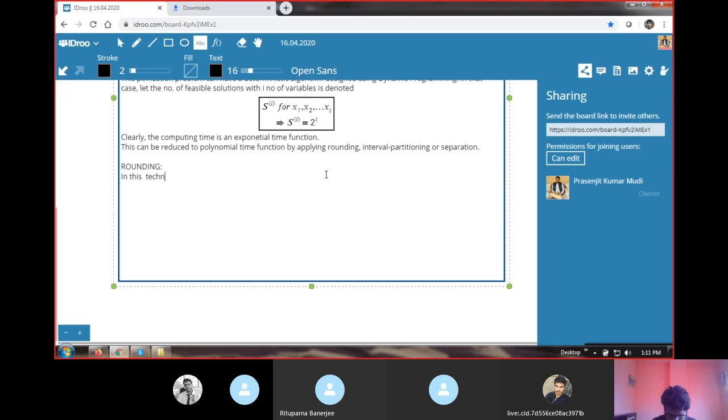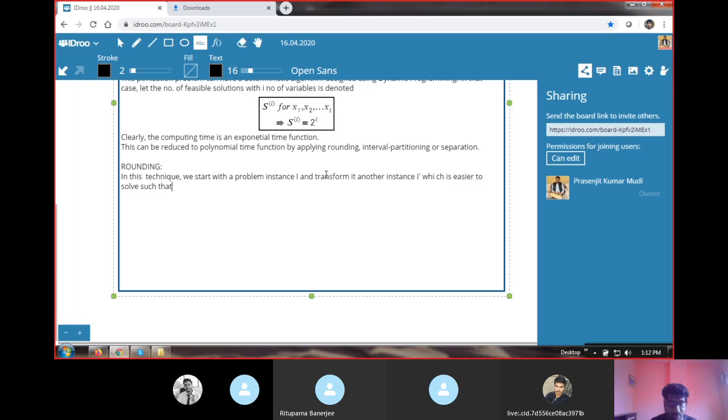With this technique, what we want to do is start with a problem instance I and transform it to another instance I dash, which is easier to solve, such that solutions to I and I dash are close enough.